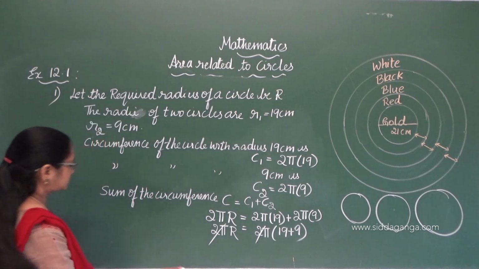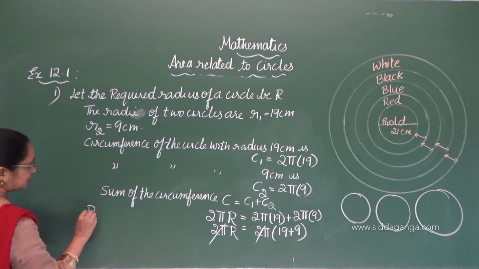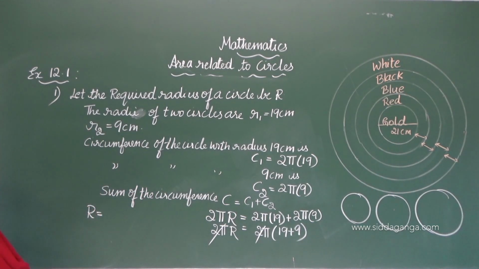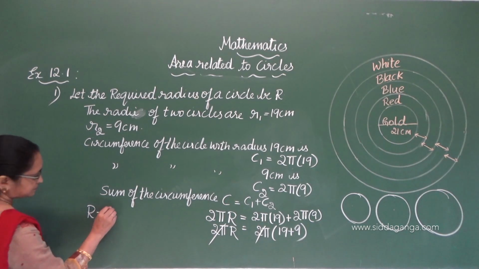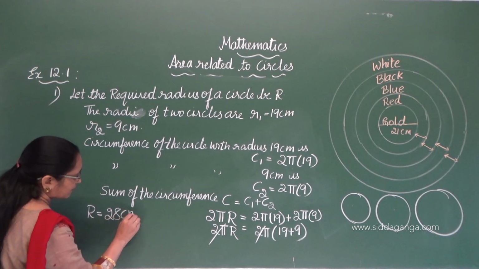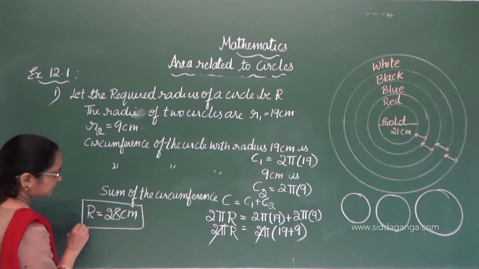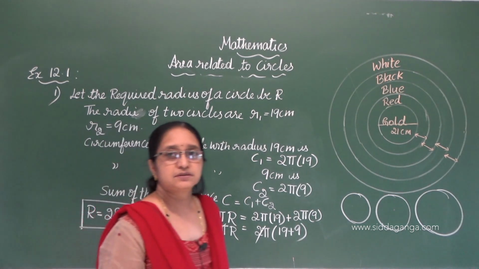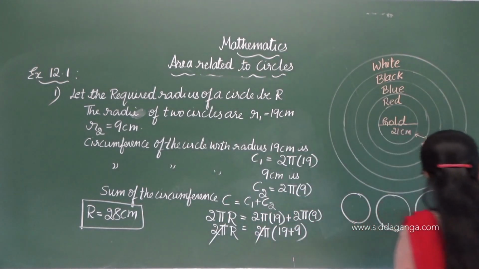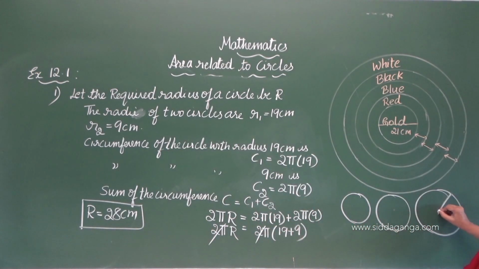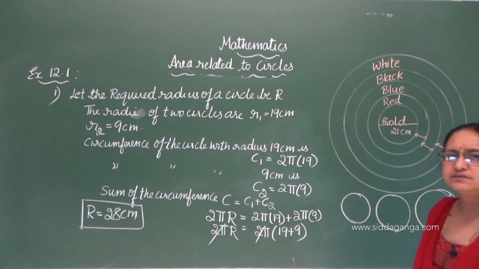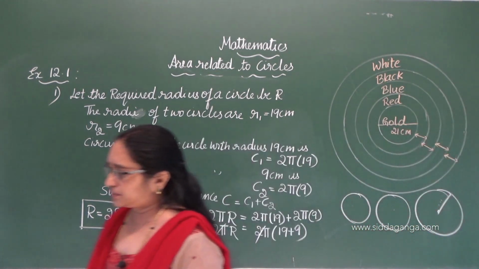How much? So I will write here, capital R is equal to 28 centimeter. So the required radius, that of the third circle, is 28 centimeter. I hope you understood.